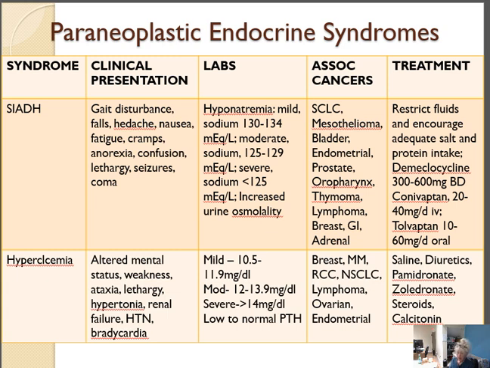Cushing syndrome, the syndrome itself, not the disease, usually shows an increase in ACTH, adrenocorticotropic hormone, and your hyponatremia that's found in your syndrome of inappropriate antidiuretic hormone is typically found in small cell lung cancer. So you can get Cushing syndrome, you can get an increase in ACTH, and you can get SIADH in small cell lung cancer.